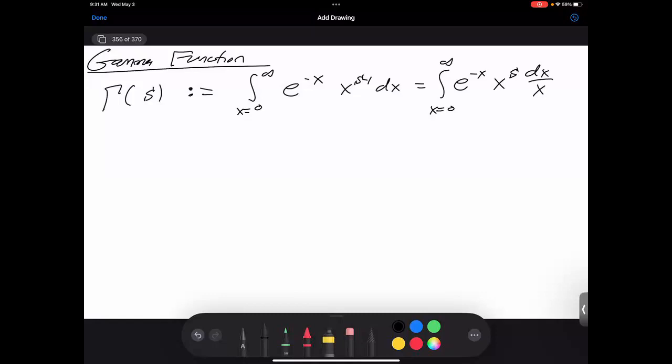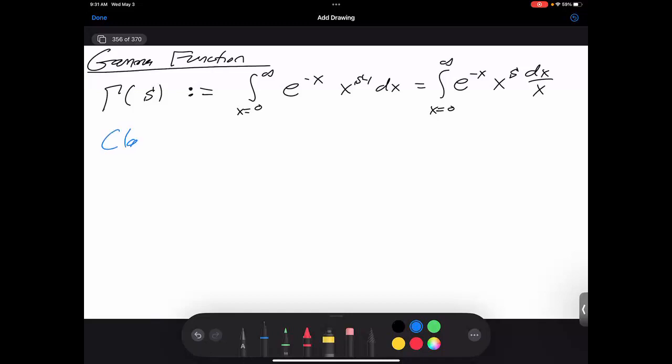Whenever you see an integral, you should ask, does the integral converge? Well, for the integral to converge, it needs to have good decay. One of the reasons I want to do this function today is that this is a chance to review some of your calculus. Given that we have an exam coming up, this is not a bad time to review these things. So we want to make sure the integral converges.